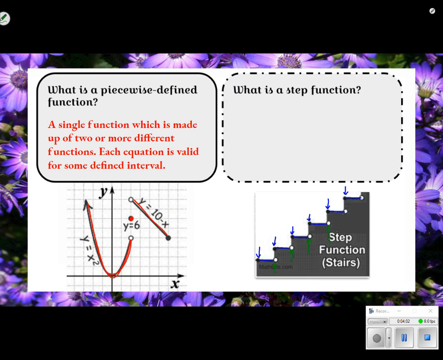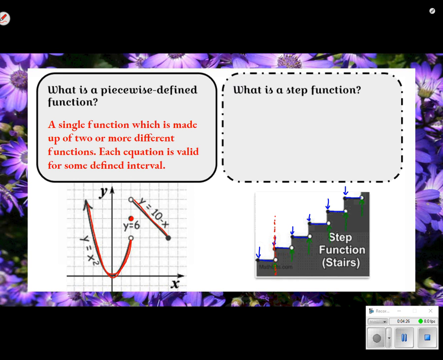Now, some of you may be thinking back to what we talked about in Unit 2. Hey, Miss Phoebus, this is not a function because it doesn't pass the vertical line test. But it does, because it passes through the closed circle and hits the function once. When it passes through an open circle, it doesn't hit that function. That piece is really close to that number, but not actually there.